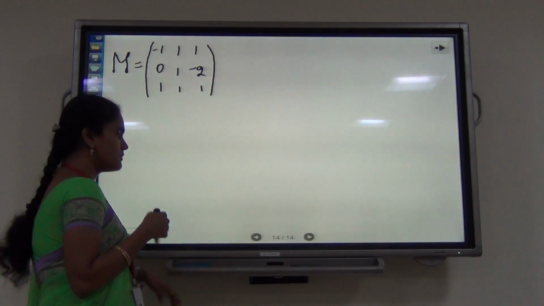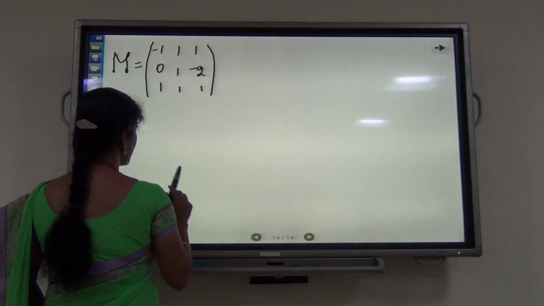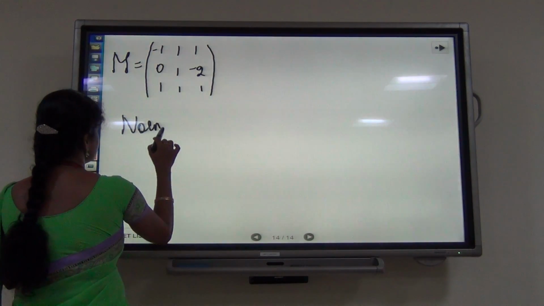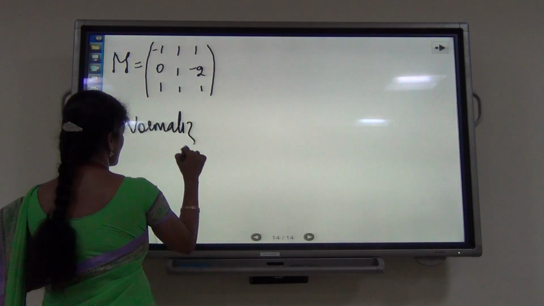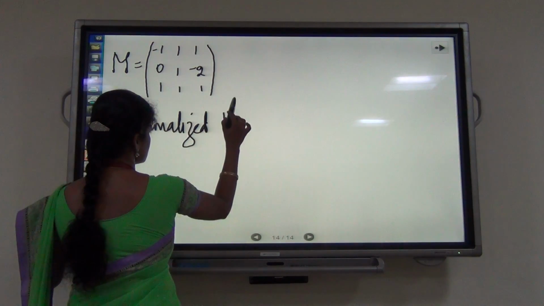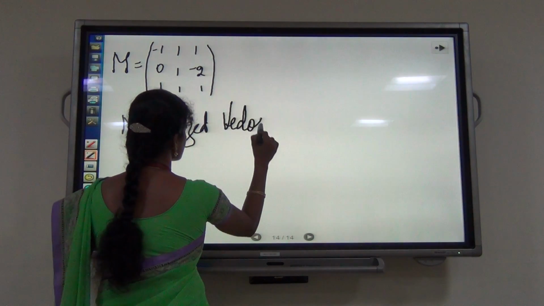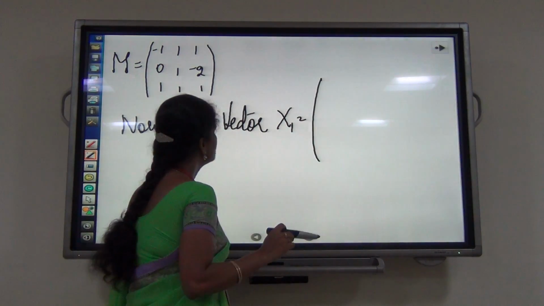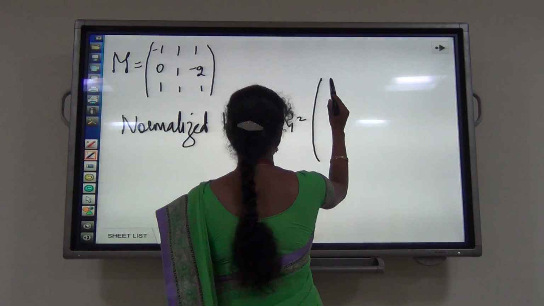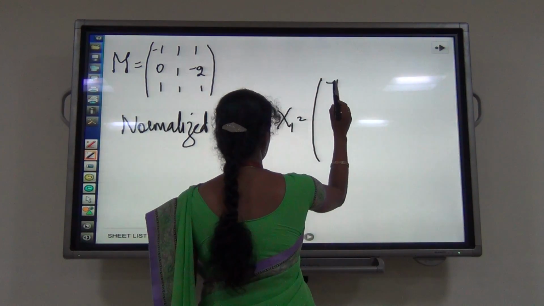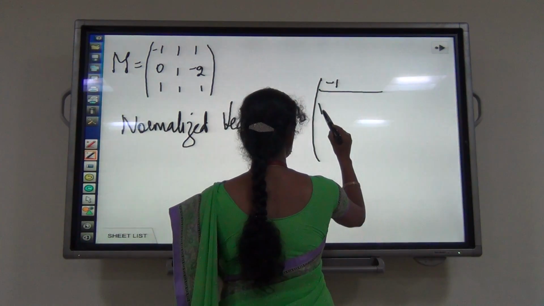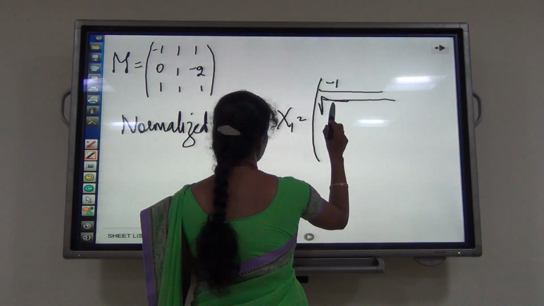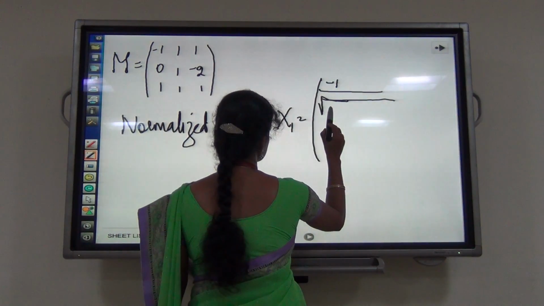In order to get the normalized modal matrix, first we should get the normalized vectors. For the normalized vector of x1, each element of the vector is divided by the square root of the sum of the squares of all its elements.